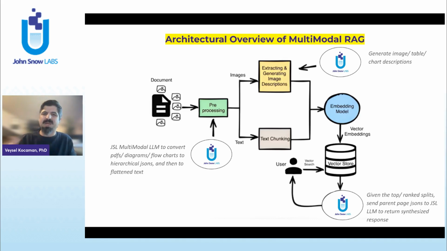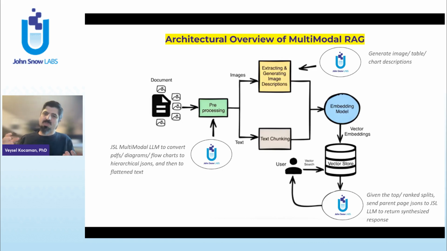We also send the parent page information, because as you remember, there's a diagram in that page. Even if we get the text description of that chart indexed already, the information is still missing, right? Because that description is there to find that chart by embedding similarity. But the LLM, in the final stage, needs to see this chart to be able to answer your question.